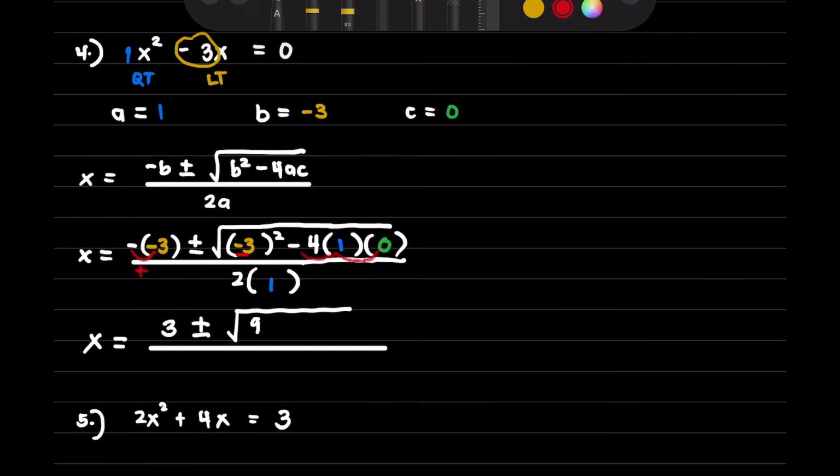So, here, dahil may 0 tayo, pag minultiply mo any number to 0, the answer is always 0. So, makakancel na to. So, kailangan ko bang isulat yung 0? No need na dyan. So, ang matitira lang is 9. Next.